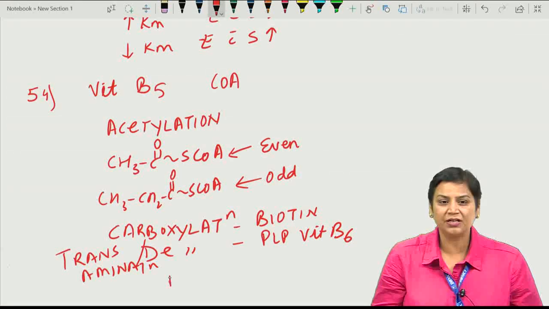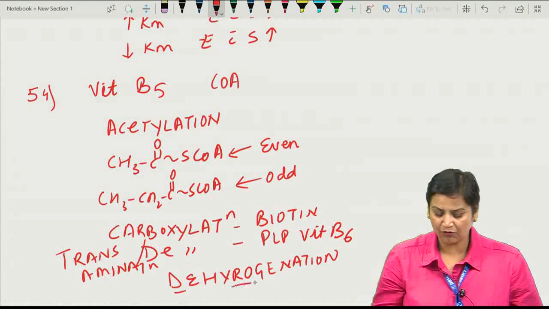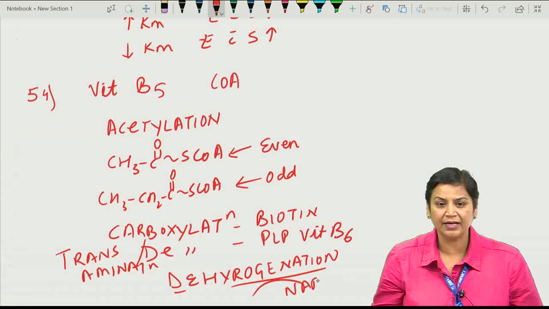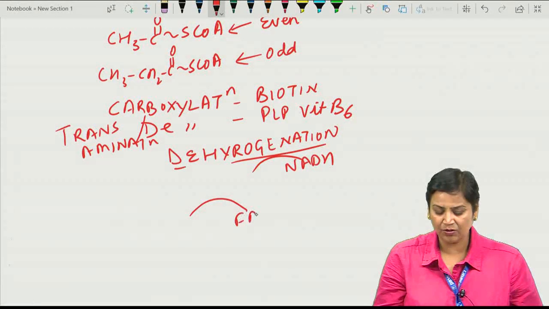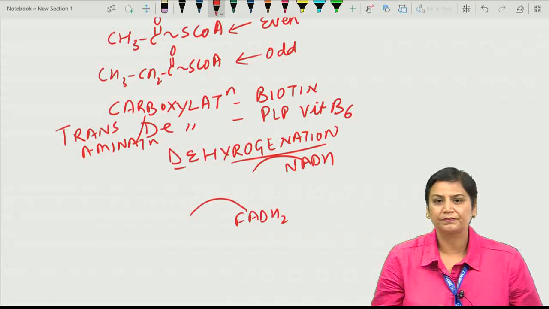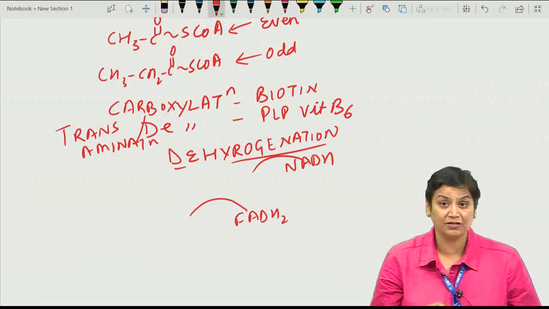For dehydrogenation, we will require what? Simple removal of hydrogen, NAD will be converted to NADH, or FAD will be converted into FADH2. So pantothenic acid or vitamin B5 is required for acetylation, which is a very, very important precursor of fatty acid oxidation, fatty acid synthesis, cholesterol biosynthesis.